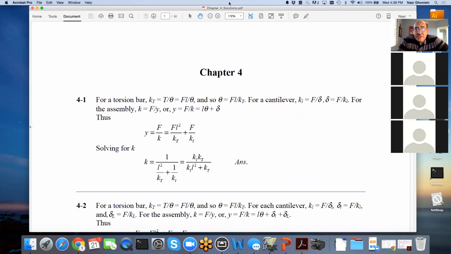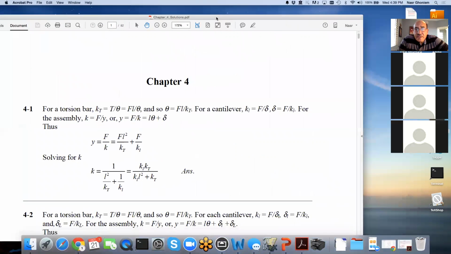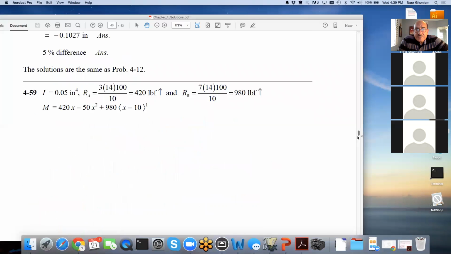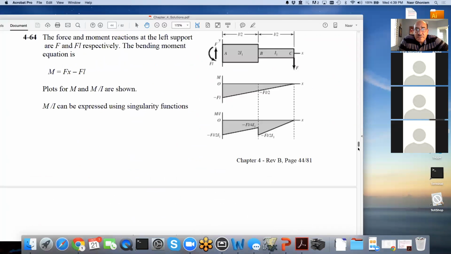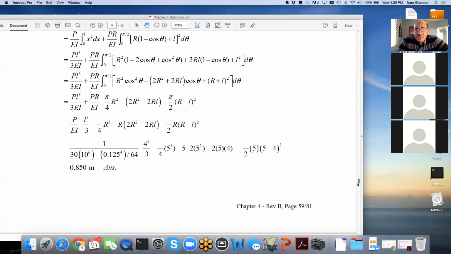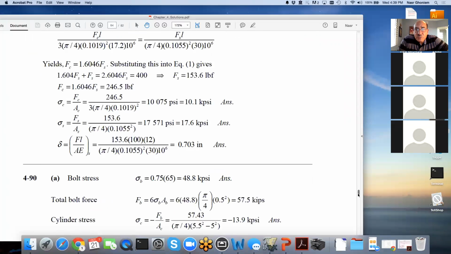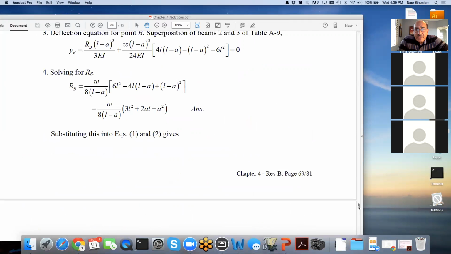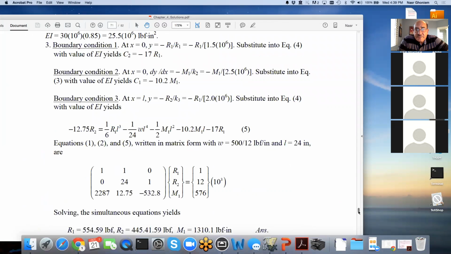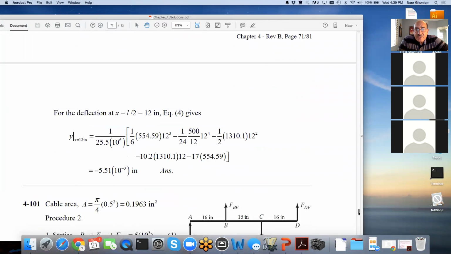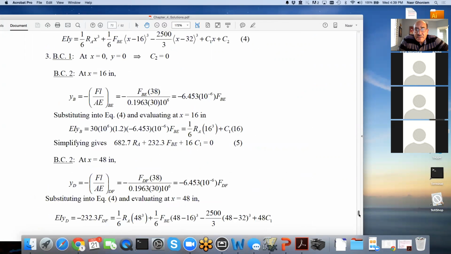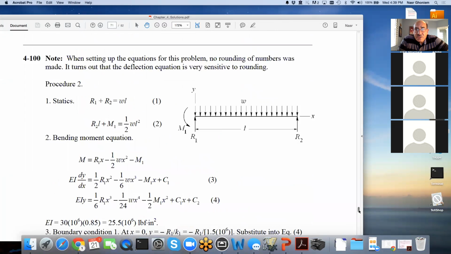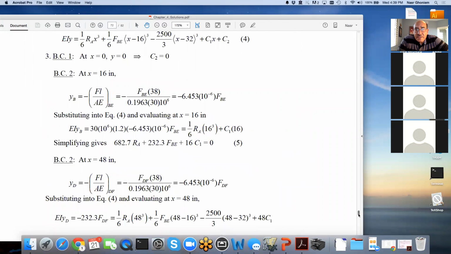I have one from the book, where we have even more things to worry about when we have a structurally connected system, like a system that has some connections, like either cables or rods or things like that. So let me try to get it.